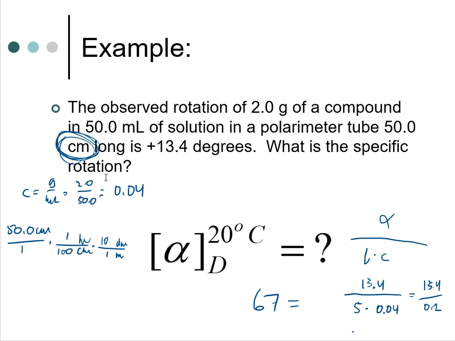Based on this concentration, based on this polarimeter cell length, maybe not ideal textbook value, but once I correct for that and put it into this equation, I'm going to get a specific rotation of 67, which hopefully means that if I go to a textbook value and I look up this specific rotation for this compound, I hopefully will get something very close. Right? This is like boiling point. It's like melting point. It's like density. These values are very specific to those particular compounds.